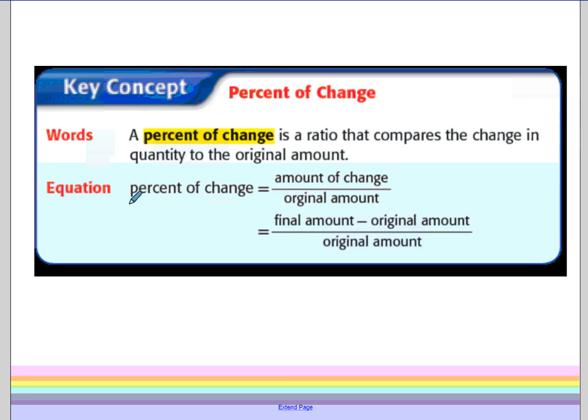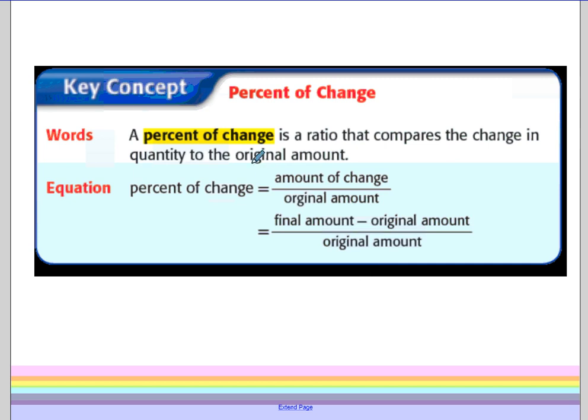In order to solve these, we would just do the amount of change. So you just subtract the original and the new amount, and you divide it by the original amount. You always divide it by the original amount.